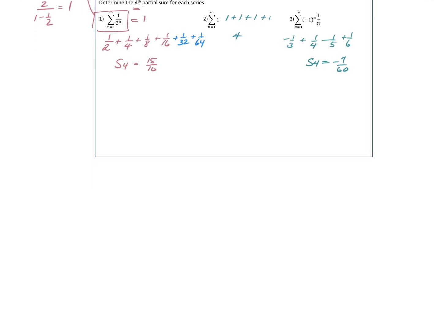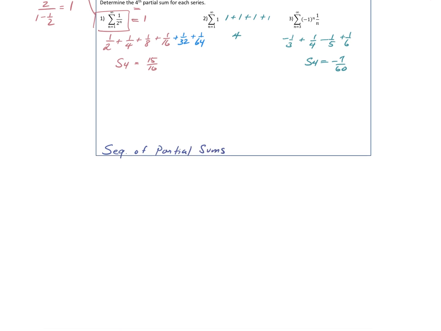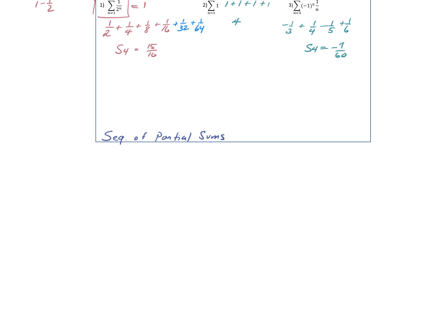Okay, so let's see if we can come up with this idea of a sequence of partial sums. So I'm going to add this on. It's not in your notes explicitly, but sequence of partial sums. So I want to start with this series we just did: the sum from n equals 1 to infinity of 1 over 2 to the nth.